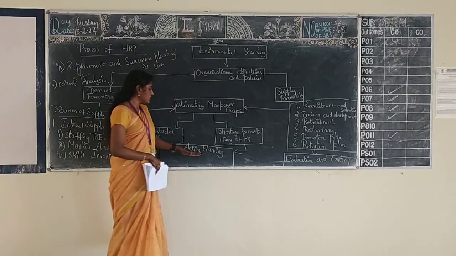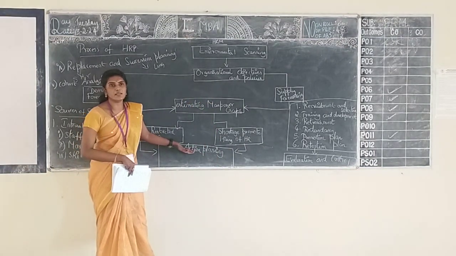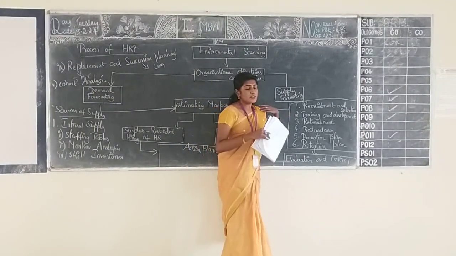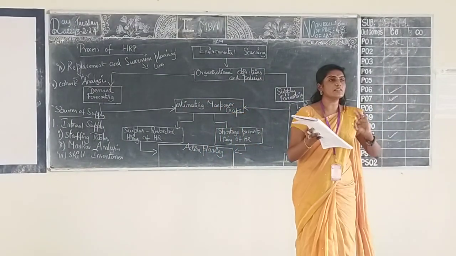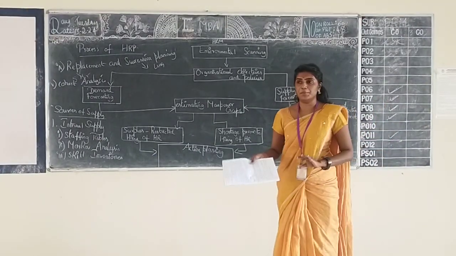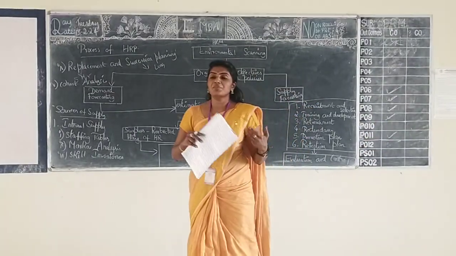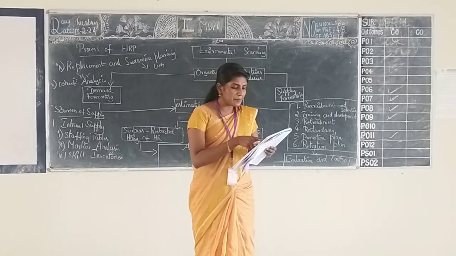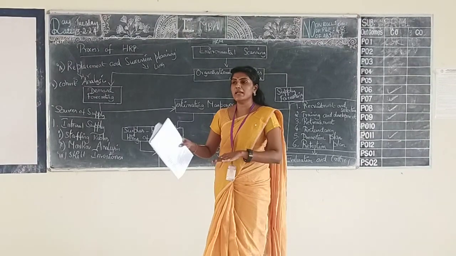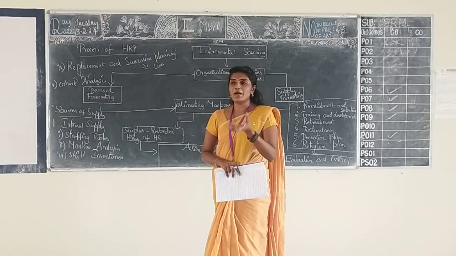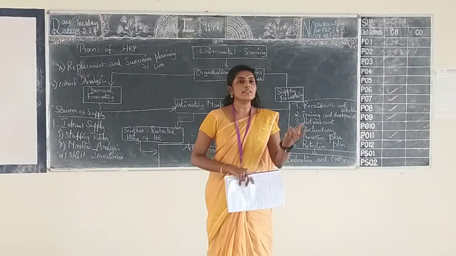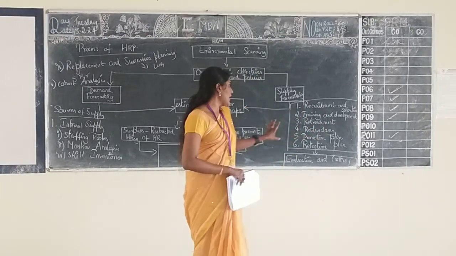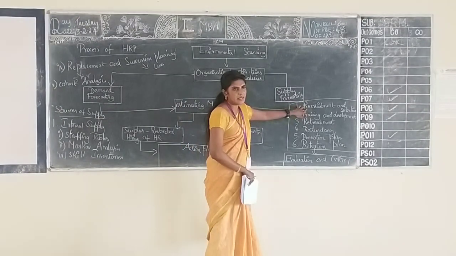So next is action planning. You are having 6 types of action planning. Finally, based on the forecasting of demand and supply, you are taking the action. Action planning means you have to maintain an equal balance between the requirements and the resources. First you have to plan, next you have to develop, that is recruitment and selection.